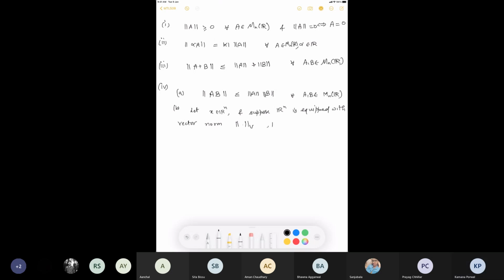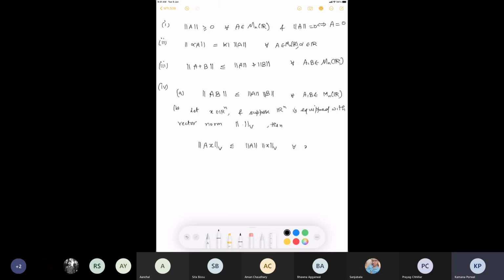Then, if we talk about the product of A times x, this is going to be a vector. So basically we will have a vector norm here. So this is less than or equal to the norm of A times the norm of the vector x. Again note that x is a vector, so this norm is going to be a vector norm.